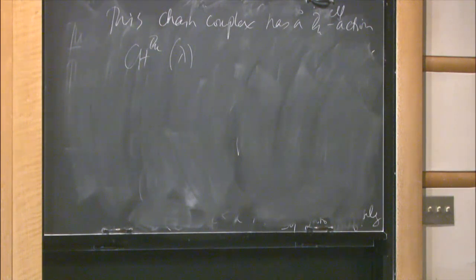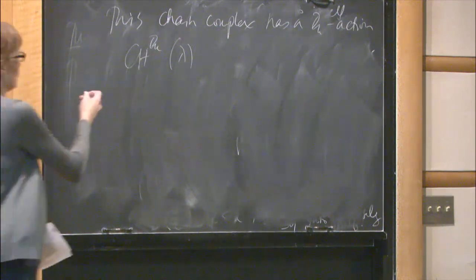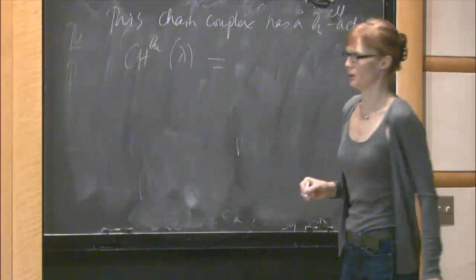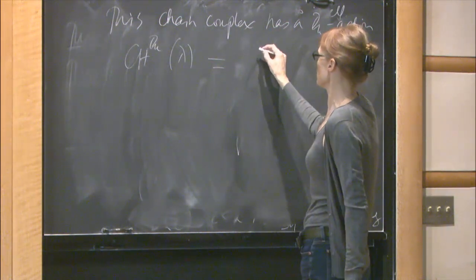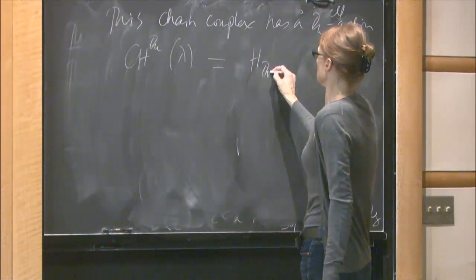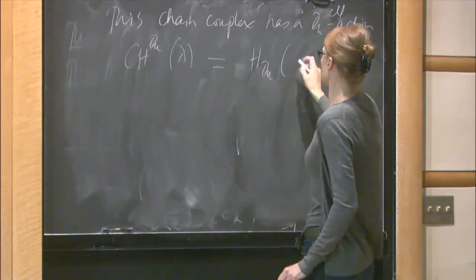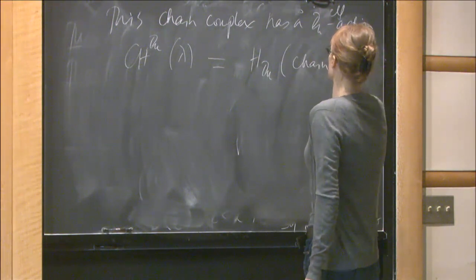But individually, for a particular contact form, the vector space in question is going to be the equivariant cohomology of this chain complex.